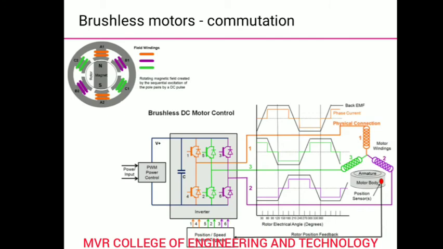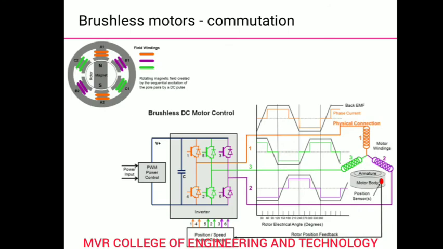There are position sensors in order to control the speed of the motor. An AC supply is given as the power input, and the AC is converted into DC, so ultimately we give DC supply to these motors. The power electronic converter is for the stator.